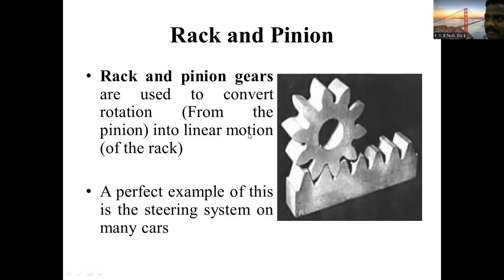There is a steering system. Different power transmitting elements are there. Gears, chains. Then one two-wheeler is there. It is a model, we can say. Again, compound. You can find a differential gearbox.